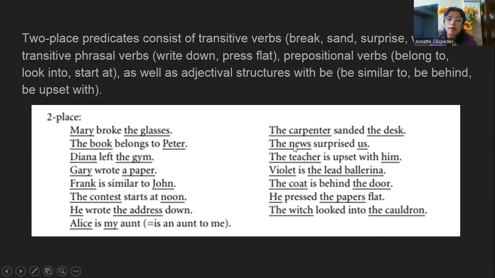The carpenter scented the desk. The news surprised us. The teacher is upset with him. Violet is the little ballerina. The coat is behind the door. He pressed the papers flat and the witch looked into the cauldron.